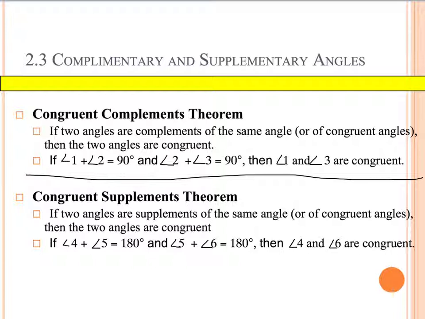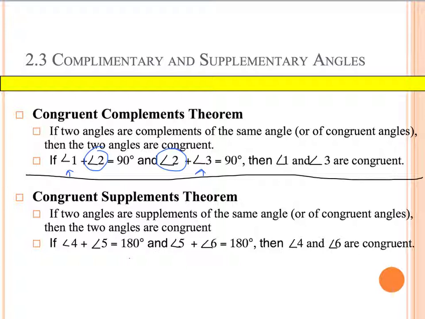Why? Because they both share this angle 2 together. Basically, angle 2 plus x equals 90 degrees, and that x can be angle 1 or angle 3. Okay? The congruent supplements theorem is the exact same thing, except it's with supplementary angles. 4 and 5 add up to 180, 5 and 6 add up to 180.